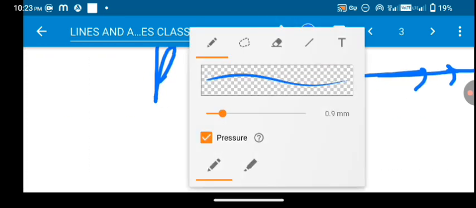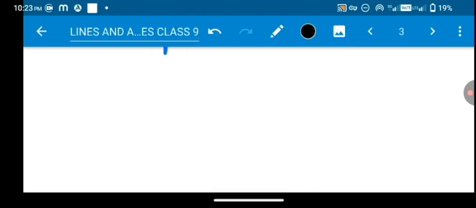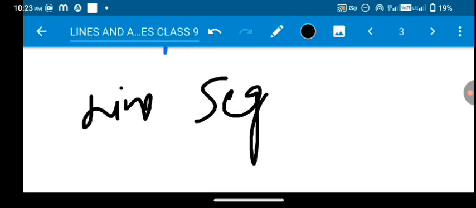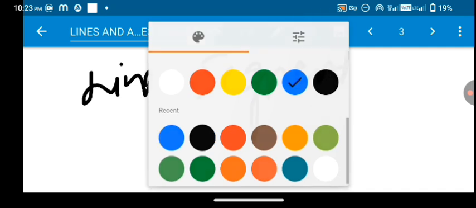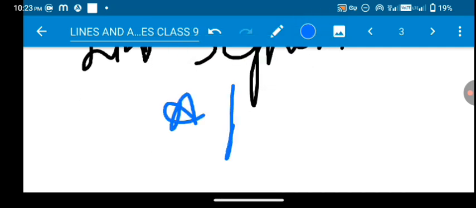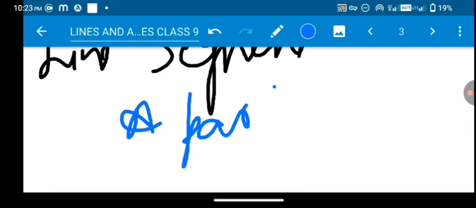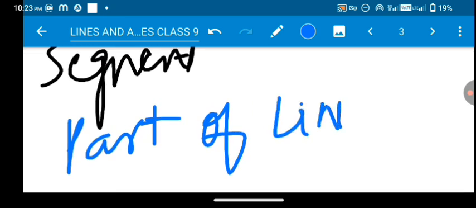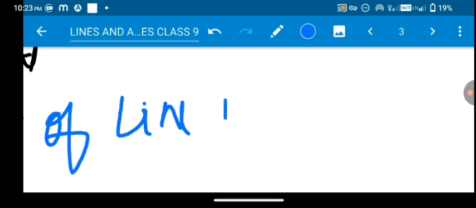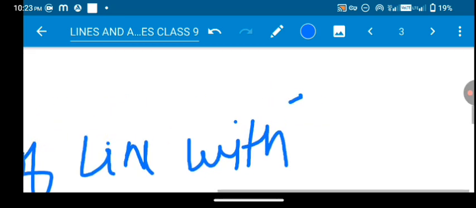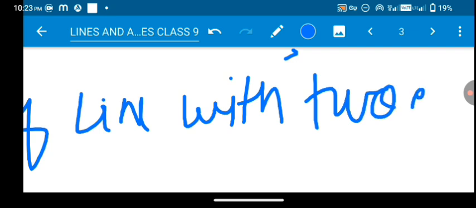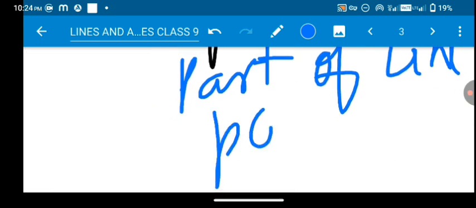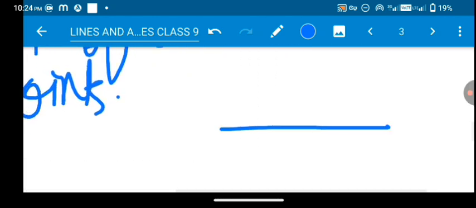A line segment. What is a line segment? A part of a line with two end points.